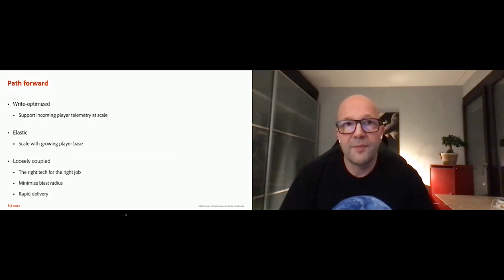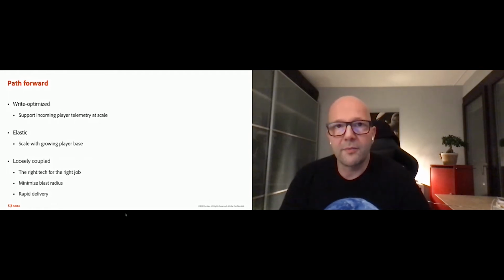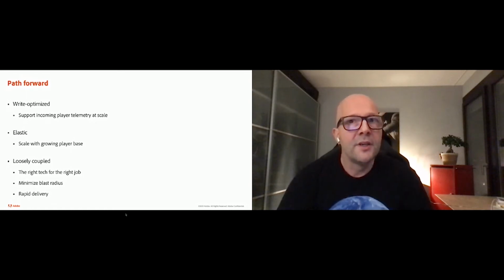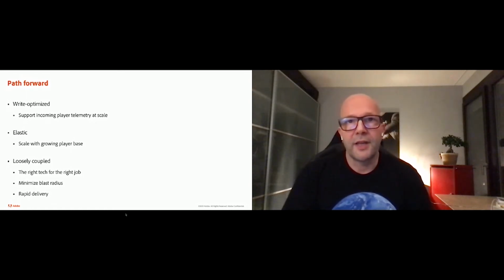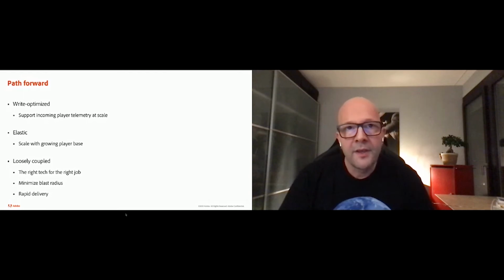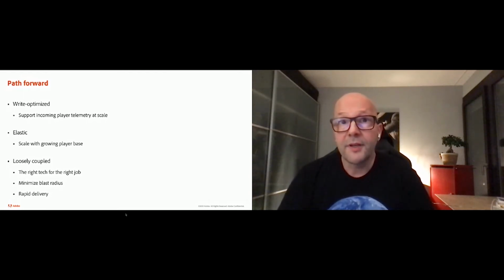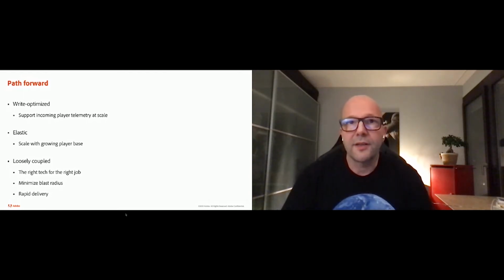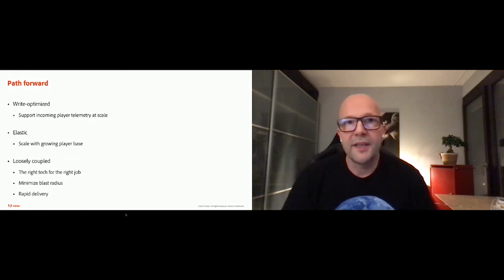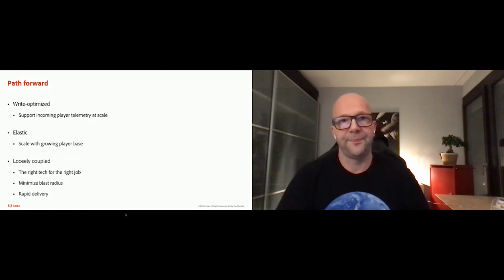This would allow us to reap lots of benefits, like flexibility in choosing optimized and modern technology for the right job, down to a very granular level, or things like having a reduced blast radius where failure of a particular service doesn't take down the whole system. Most importantly, however, it would allow us to accelerate the delivery speed of new features with things like fully automated continuous integration and rapid deployment, end-to-end testing, and things like that.